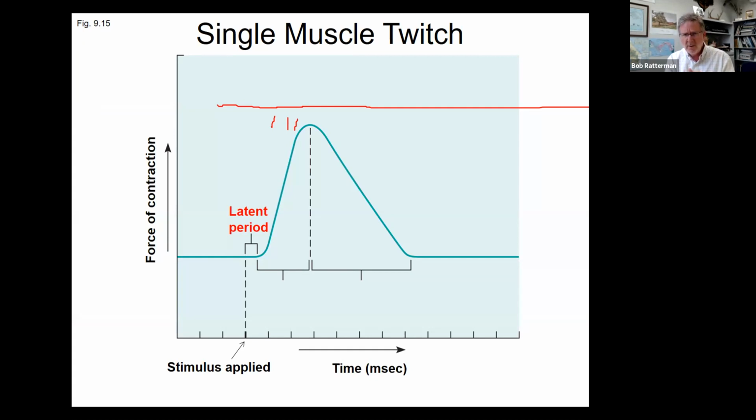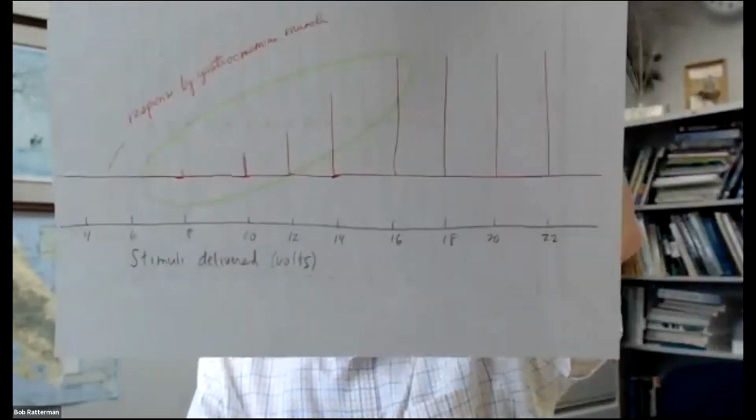We would start out at a sub-threshold voltage, and we wouldn't get any response at all. The finger would not twitch because we weren't reaching the threshold of any of the motor units going to that muscle that controlled the middle finger flexion.